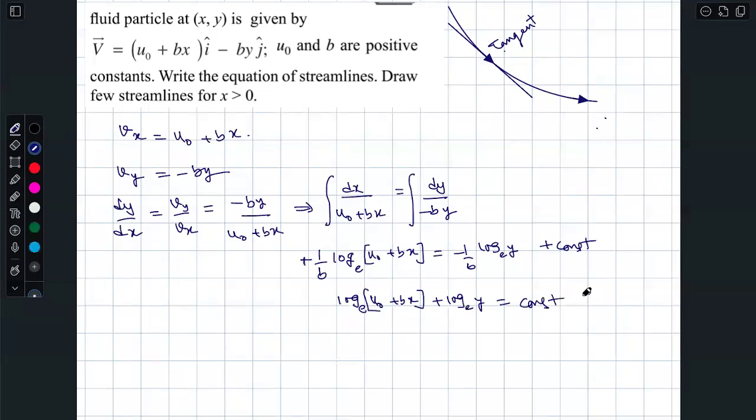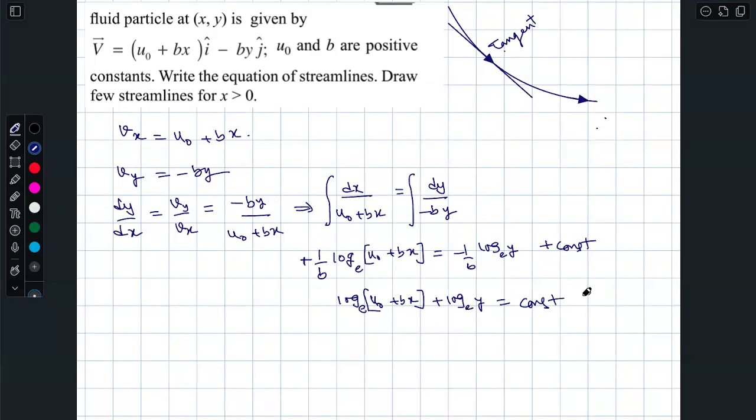Please confirm whether you understood this step or not. Right? Log e u naught plus bx is equal to minus a log e y plus some constant. b into constant is another constant. I brought it to the left side.